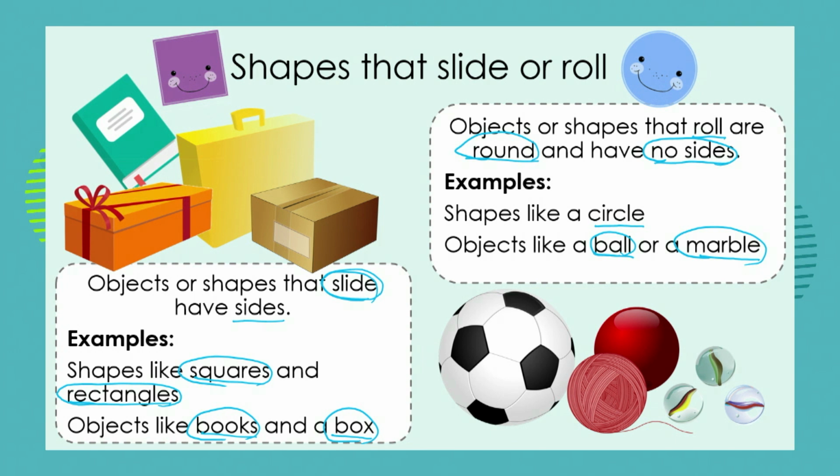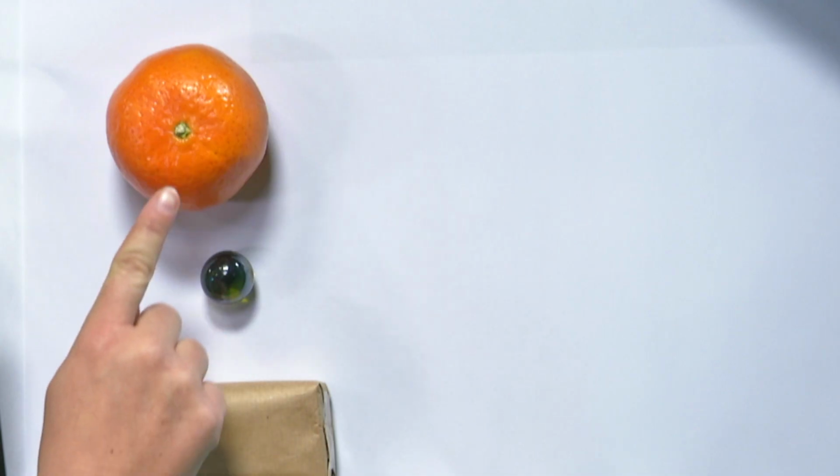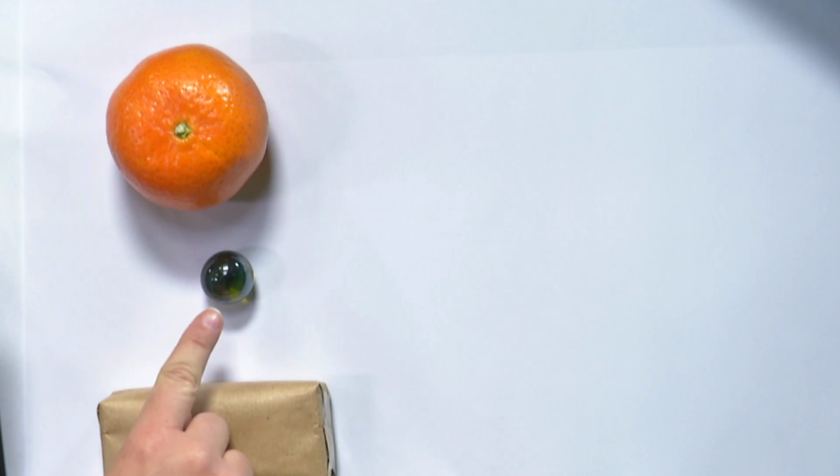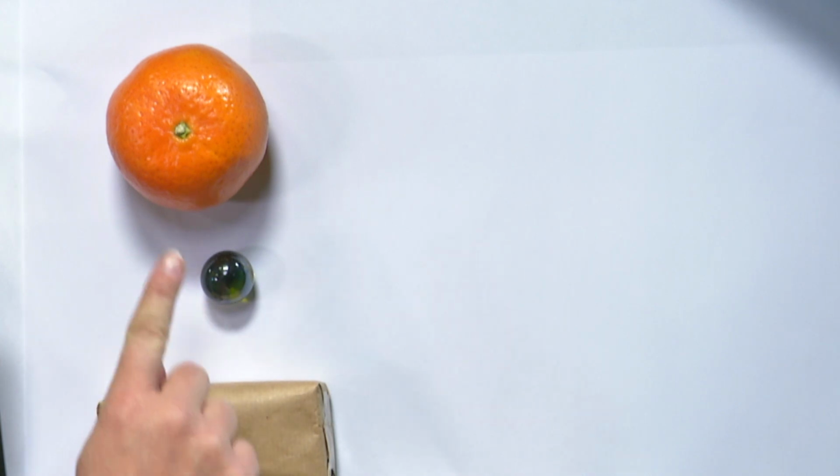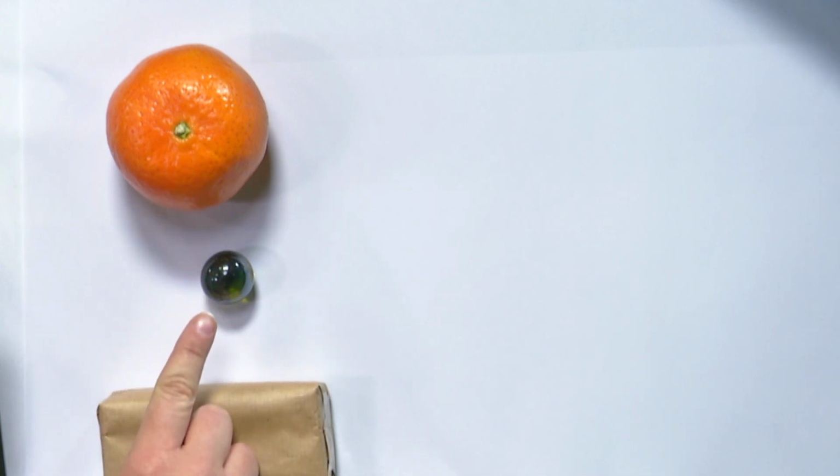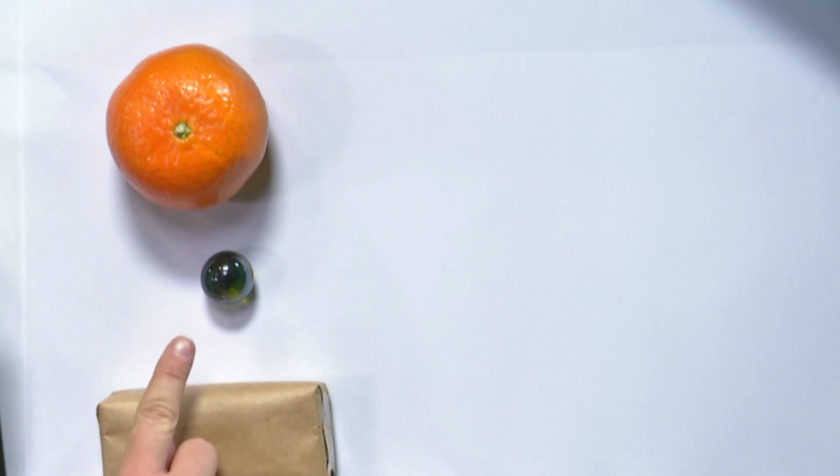So let's look at some examples over here together. We can see that we have a nachi and a marble. And what shapes do these look like, grade ones? Very good. They look like circles. Or if we say a 3D shape, we would say a sphere.